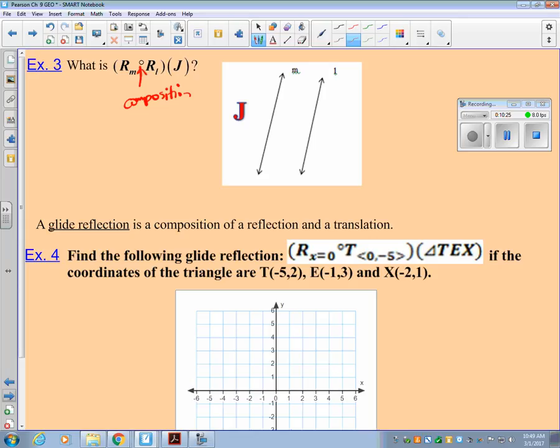You start from the inside out. The one closest to what you're acting on goes first, and then the outside one goes second. And just FYI for the record, capital R is reflect, little r is rotate, and T is translate.